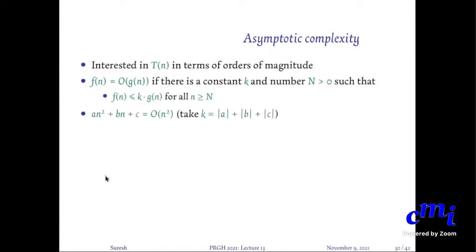For instance, a n squared plus b n plus c, which is a nice quadratic polynomial, you will just say it is order n squared. Why? Because you can take your k to be the constant mod a plus mod b plus mod c, the absolute value of a plus absolute value of b plus absolute value of c, and then you will see that a n squared plus b n plus c is always less than or equal to this.